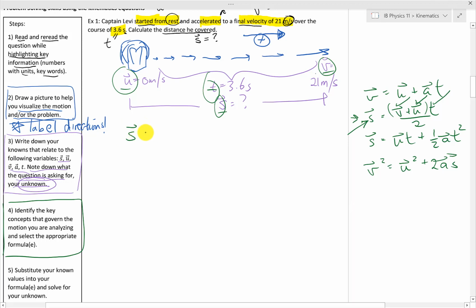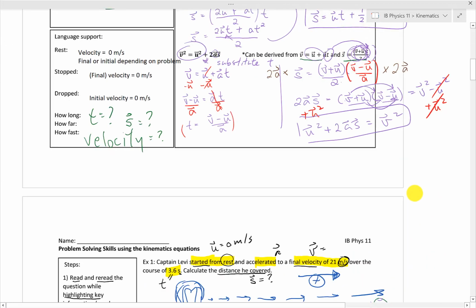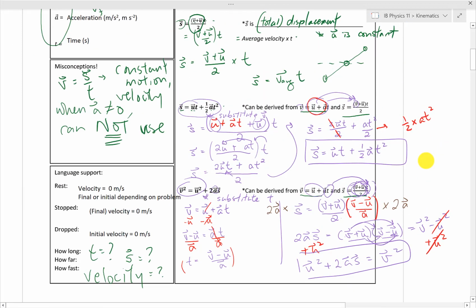And I also will choose this over this one over here, because you might think, wait a minute, isn't there this equation here? Your velocity equals your displacement over time. Now, if we go back to what I talked about earlier in the previous video, a main misconception is to use that equation when there is acceleration.